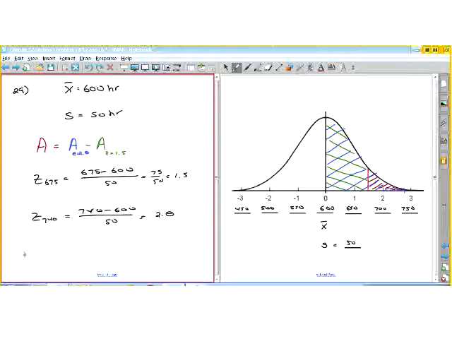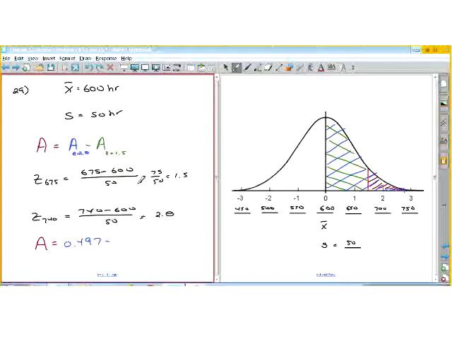So the area that I'm trying to calculate, which can also be related to percentage, is the blue area. So I go to my table and I look under a z-score of 2.8. That's in the last column right at the top, z 2.8, a 0.497. So I get 0.497 from the table. And then I'm going to do the green. And the green is a z-score of 1.5.